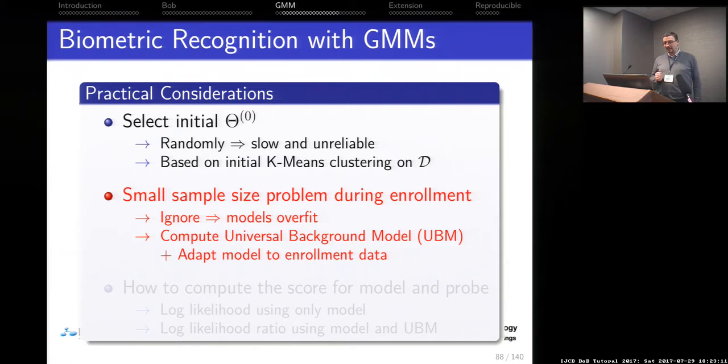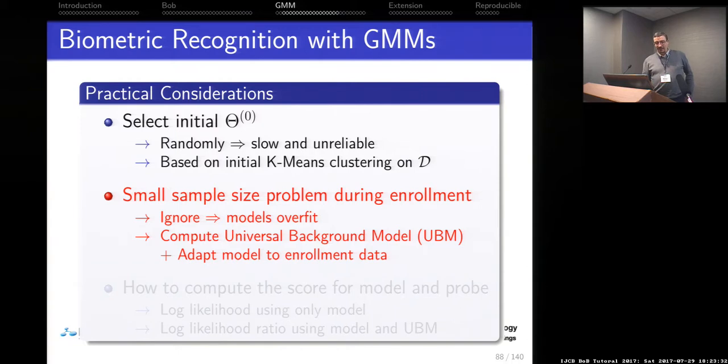What is done instead is we compute a so-called universal background model, where we compute the GMM on top of the training set, which has different identities than the enrollment set.